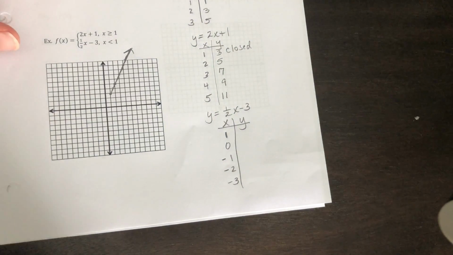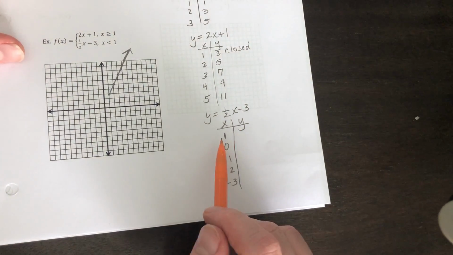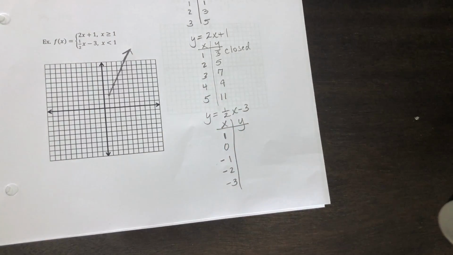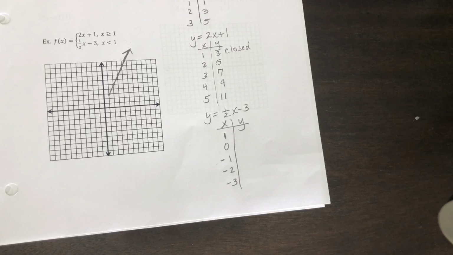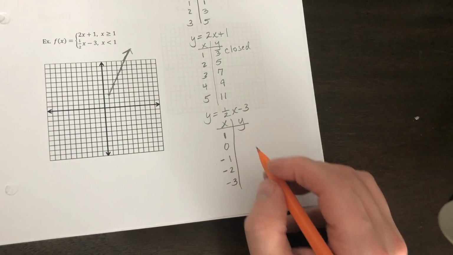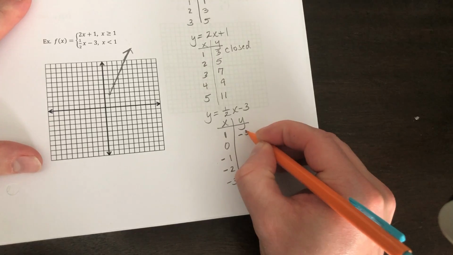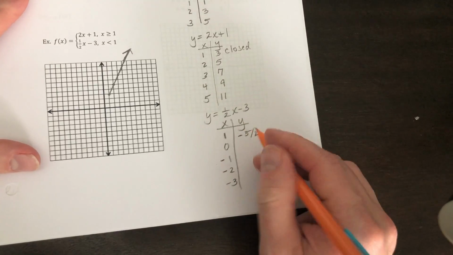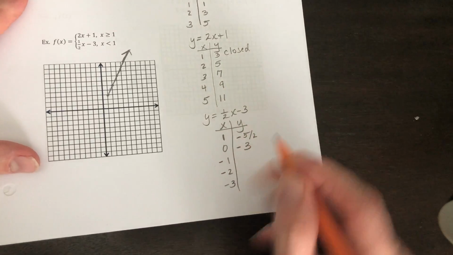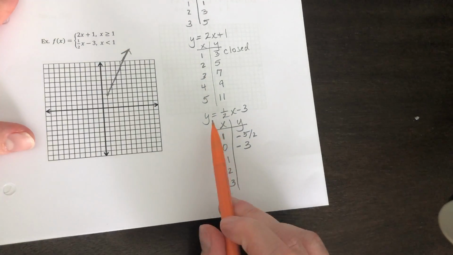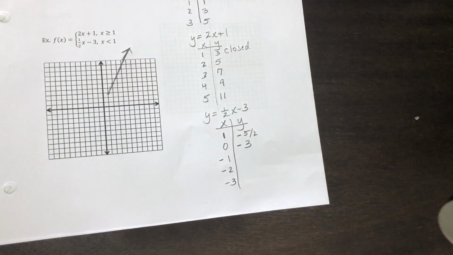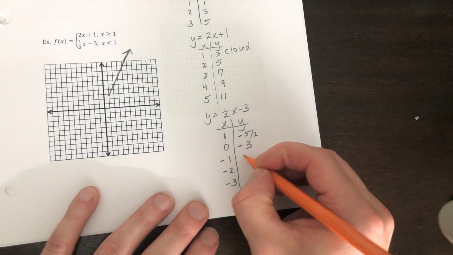So plug in a 1: 1/2 minus 3 is -5/2. 0 minus 3 is -3. -1/2 minus 3 is -7/2.